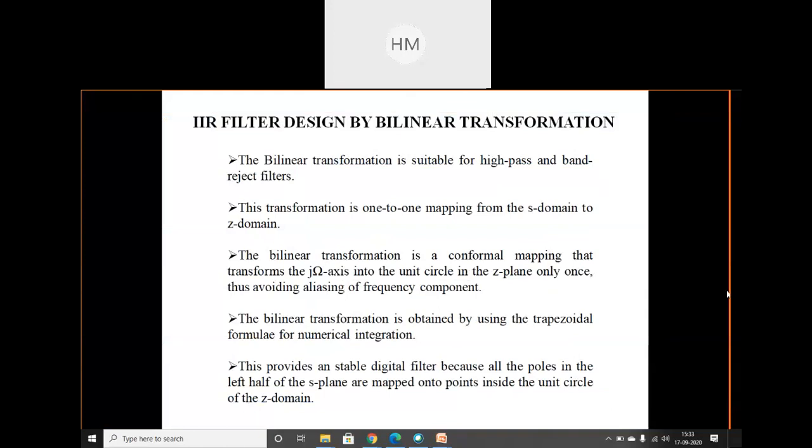Till now we have studied one method. What is the major drawback of that method? That method is used to design filters which have lower frequencies, and it is not possible to design filters with high frequencies. This we have studied.